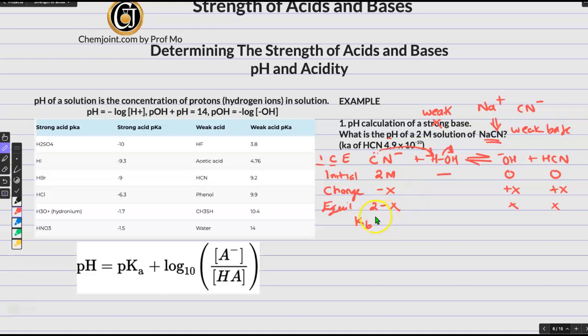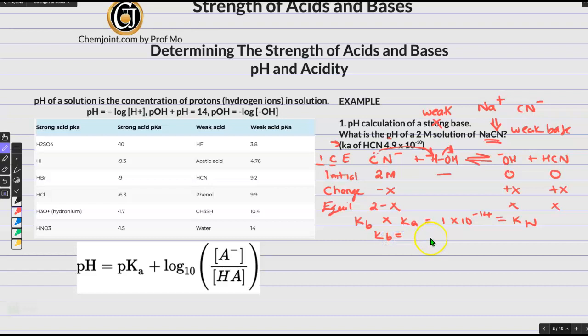But are we given Kb value in the problem? No, but we are given Ka. We know that Kb times Ka should be 1 times 10 to the power minus 14, which is what people call Kw, ionization of water. So I can use this expression to find Kb.